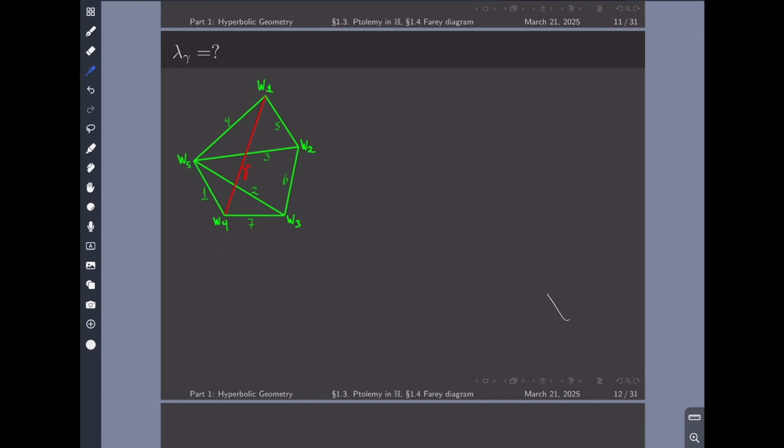Right, doing 2 flips. Exactly, and then I use the sequence of 2 changes of coordinates.